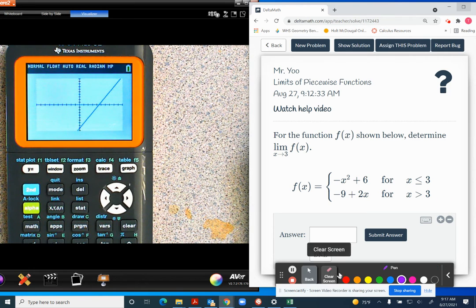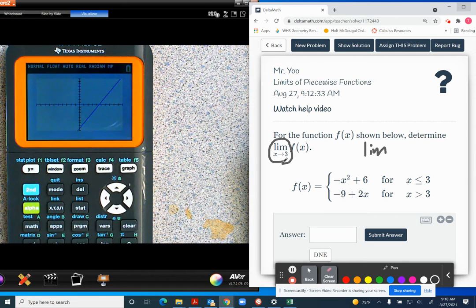Remember that limit? You need to check both sides, right? So this is saying we need to check limit from which side? From the negative side of the 3 and positive side of the 3.